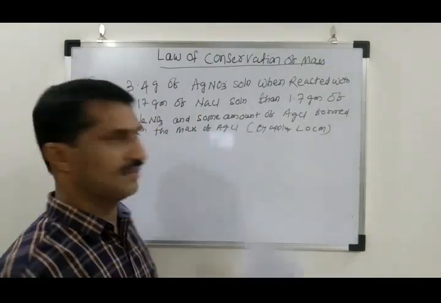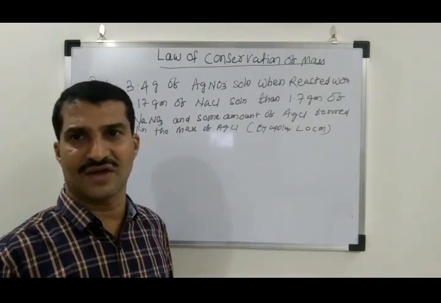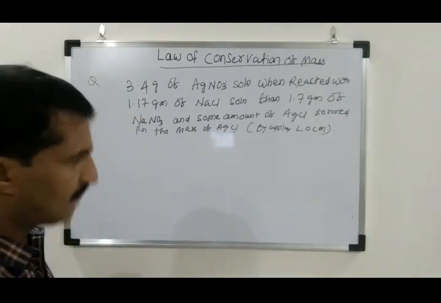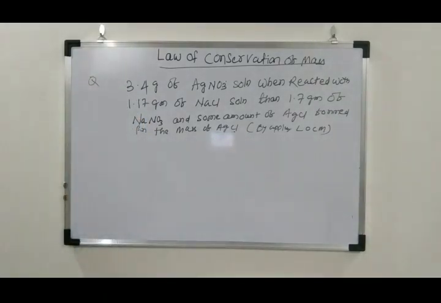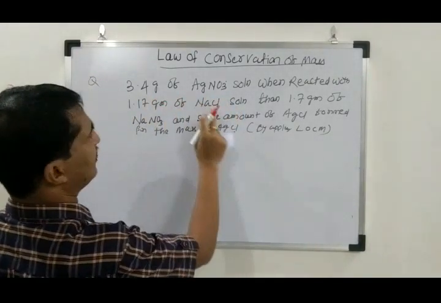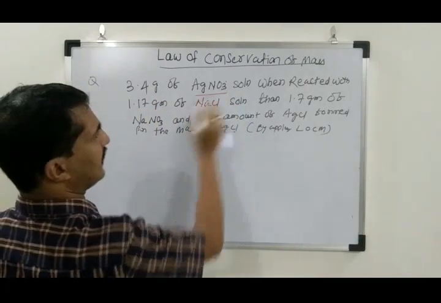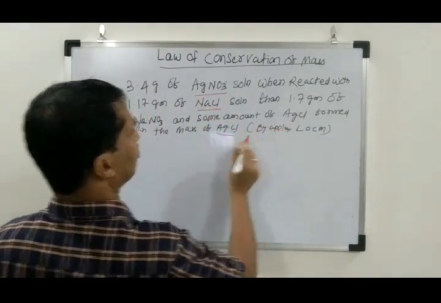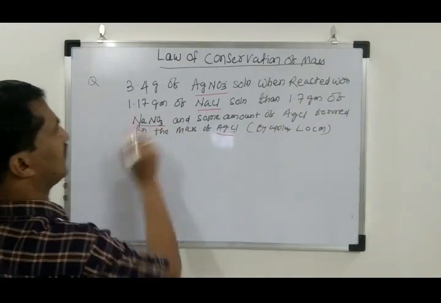Now with this problem, let us apply the law of conservation of mass and find the mass of AgCl. So now I will write the reaction. What the reaction tells here is silver nitrate is reacting with sodium chloride to form AgCl, then sodium nitrate.